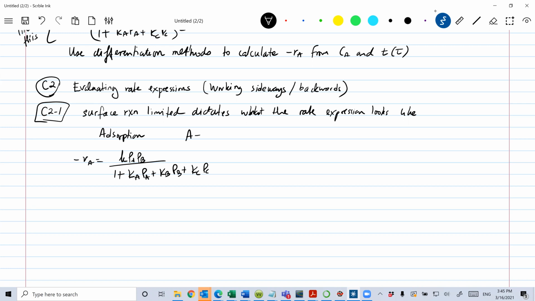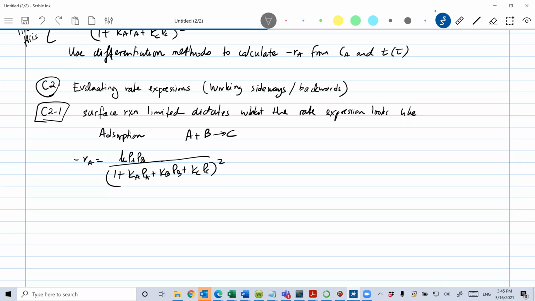So this reaction is A plus B goes to C. You say this is going to look like this because the data is telling me that's what it should look like. Now, how do you know to look for something like this in the data?